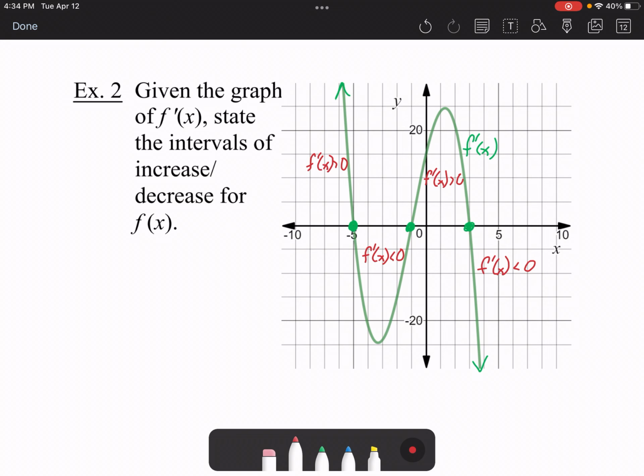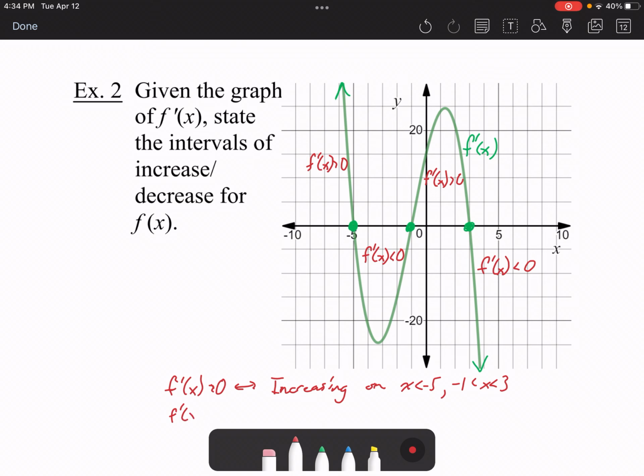So if it's positive, we know where it's increasing. So it's increasing on the domains of x being less than negative 5 and for x values between negative 1 and 3.